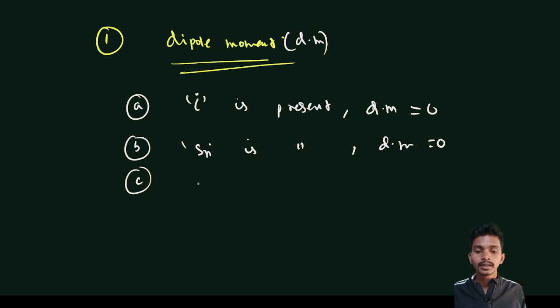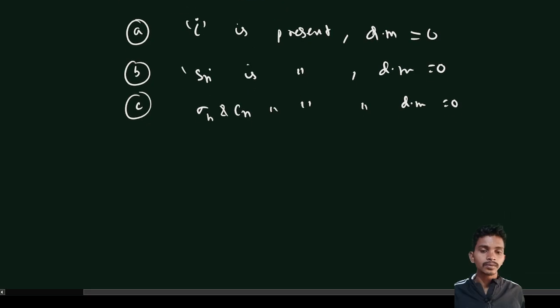Or if sigma H and Cn are present, then the dipole moment is 0.